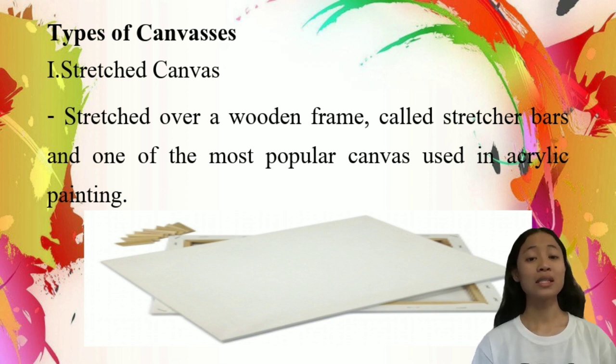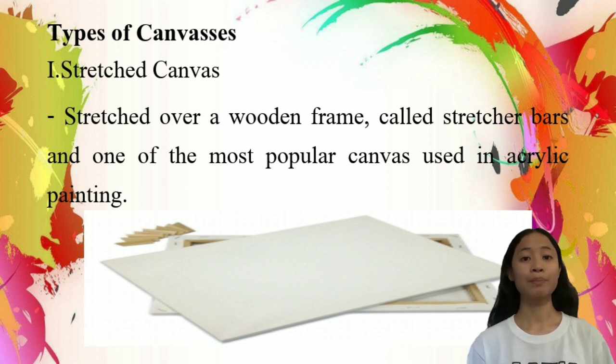It is already primed with gesso to create an ideal painting surface, primed either for oil or acrylic painting. So, if you buy this type of canvas, you should say what painting you will do, so that the result of your piece will be good.